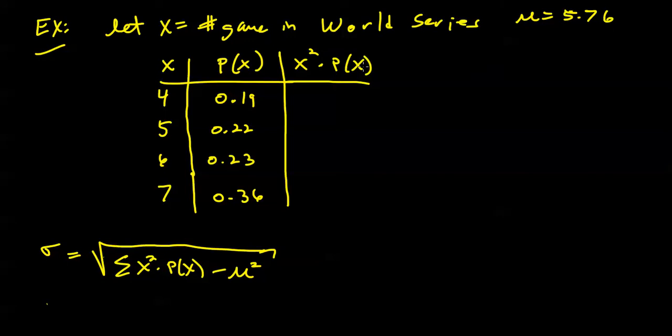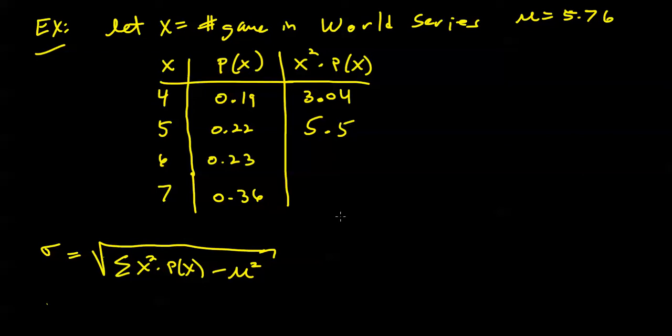Remember to square first your x value, then multiply by the probability. 4 squared is 16. 16 times 0.19 gives me 3.04. 5 squared is 25 times 0.22. Watch me here, it's 5.5, right? 6 squared is 36 times its associated probability, 0.23.